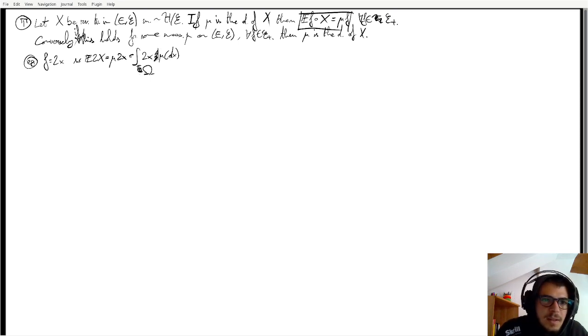This is a capital X, I think. Let's leave a question mark here.